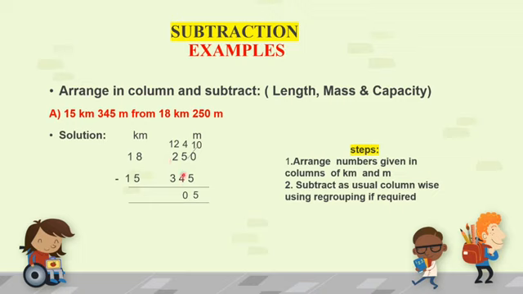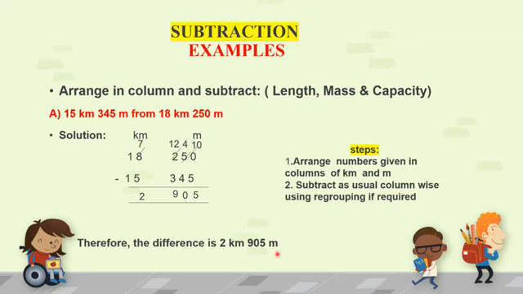And then we'll subtract 12 minus 3 is 9. And since we borrowed 1 from here, what number will remain over here now? Here it will be 7. 7 minus 5 is 2. And then 1 minus 1 is 0. Therefore, the difference is 2 kilometer 905 meter.